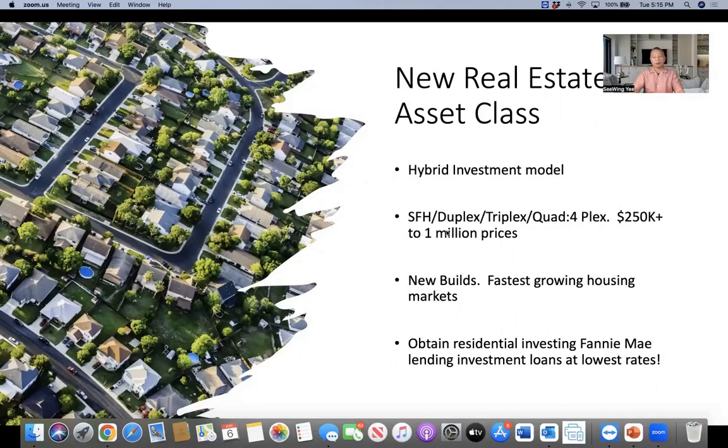But anyway, the ideal situation is you're going to buy a single family home, duplex, triplex, or fourplex. The price range is around $250K to $1 million based on this particular example. But you can use this methodology anywhere in the country, as long as the numbers make sense.